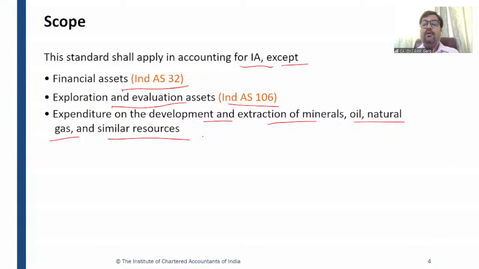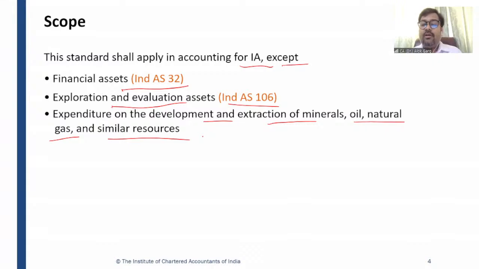Have you understood? First of all, I got a right, I got a license, okay. So when I got a right, when I got a license, it is an intangible asset under Ind AS 38. When I went to that place, when I excavated that place, when I dug out these ores, these minerals, and stored them in an area, this activity, this extraction, this digging out of ores is known as exploration and evaluation assets, right?